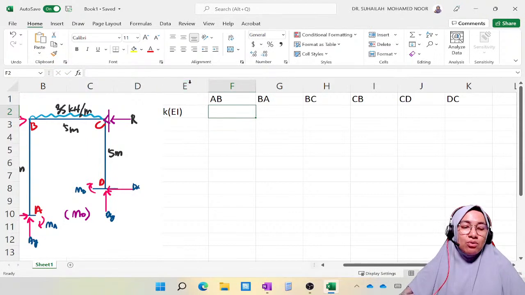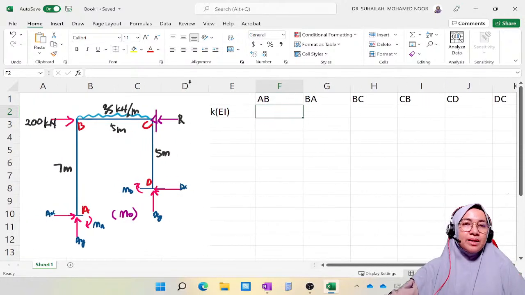By looking at the diagram, we have ends fixed at A, fixed at D, and an internal support or rigid joint. So for all members we can use 4EI over L for the formula.